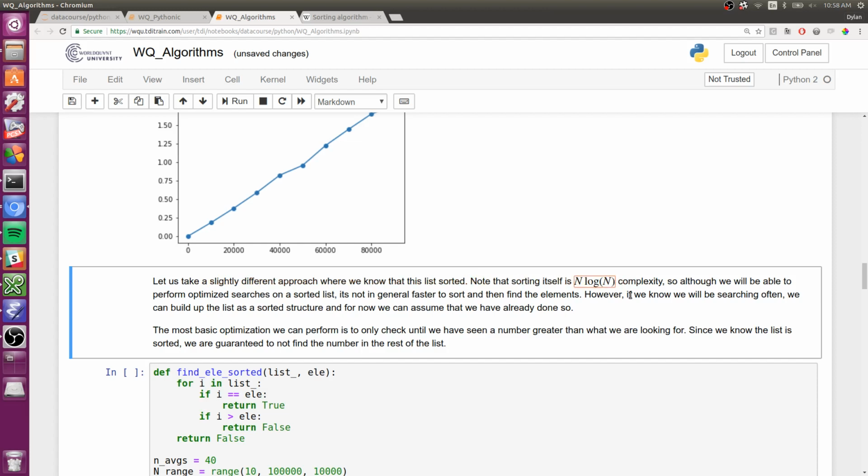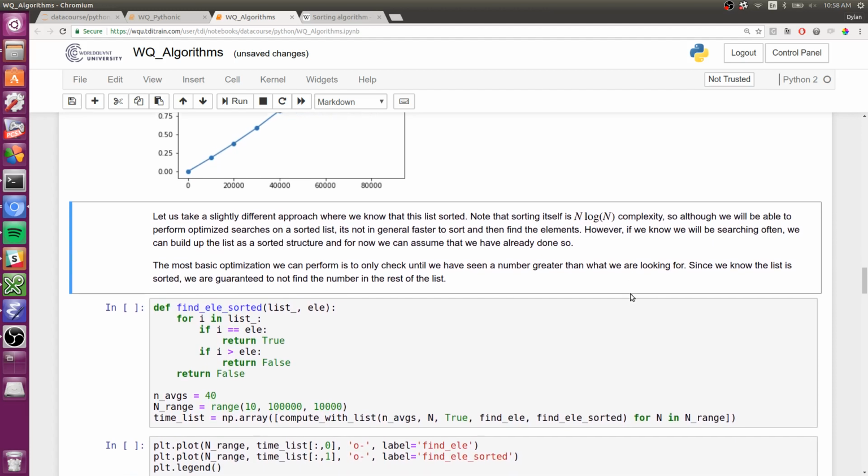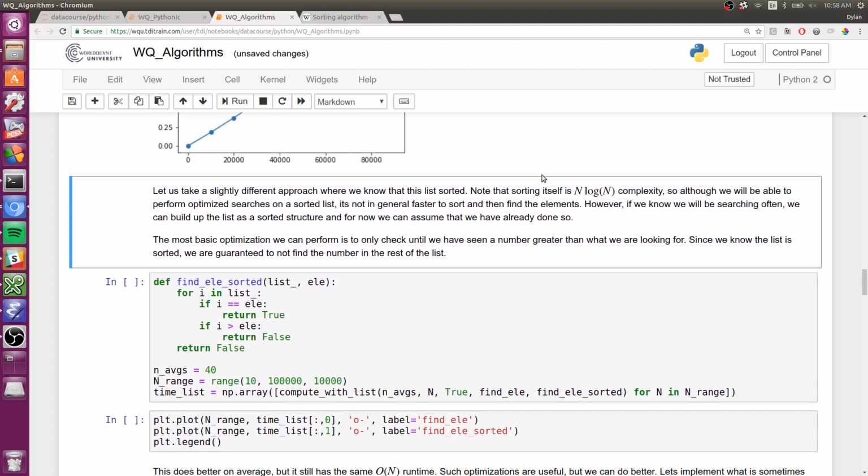So there's a cost to sorting a list as well. We're disregarding that for now. We're assuming that our list is already sorted and we don't have to spend time sorting it. Of course, if we are searching a list many times, it may be worth it to sort once and then take advantage of the speed up in searching.